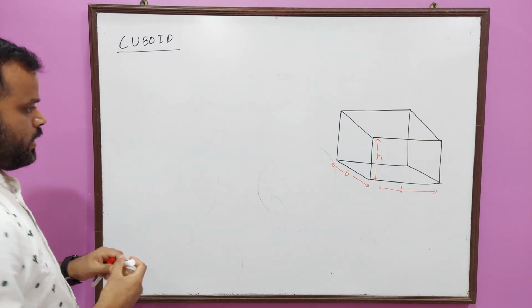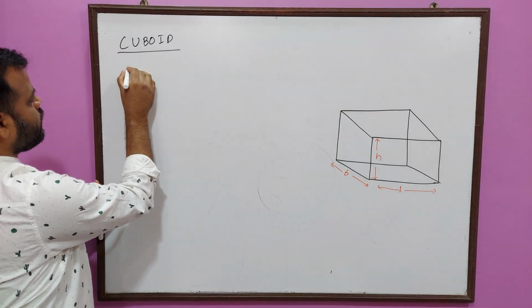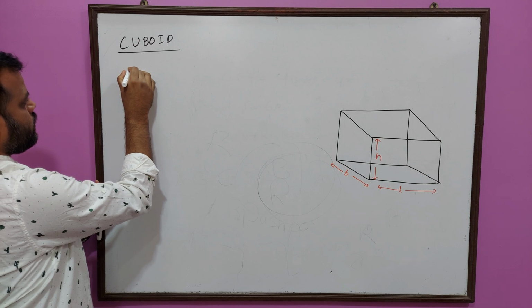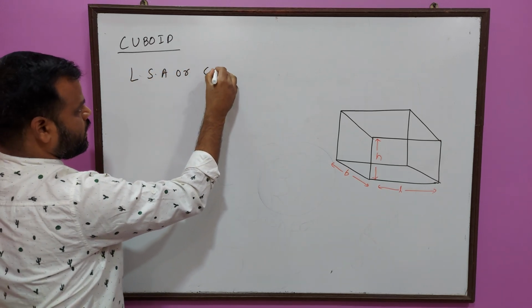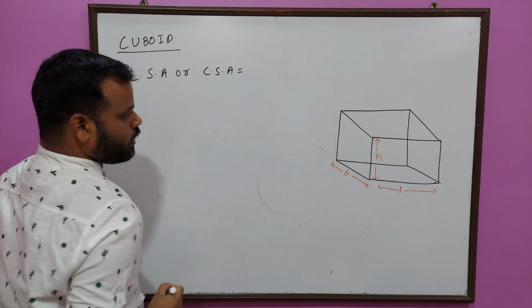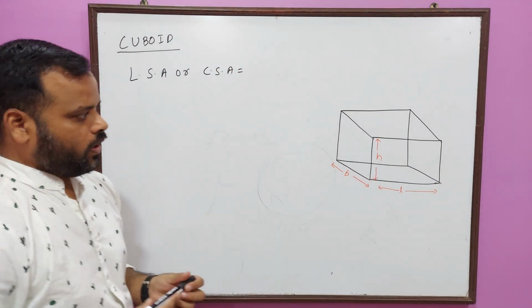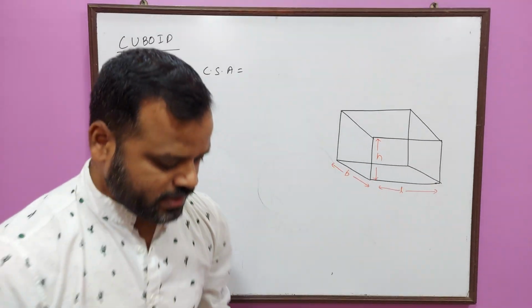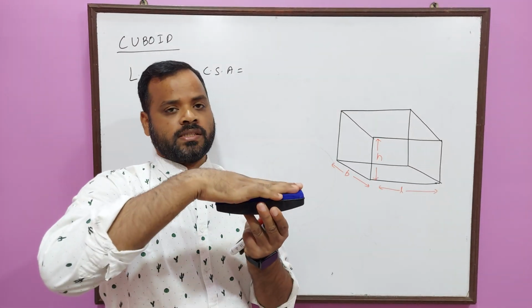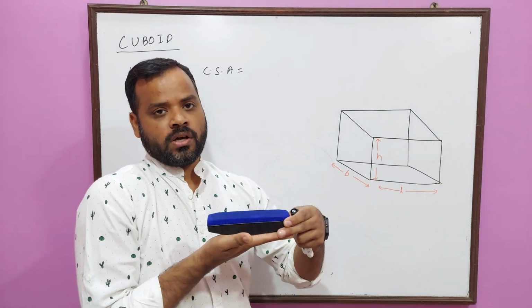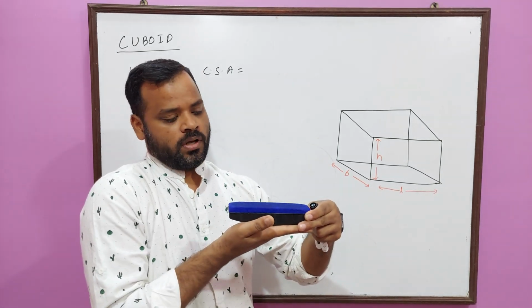So it is also having lateral surface area or the curved surface area. If you imagine the geometry box, the top face and the bottom face of the geometry box are the same.